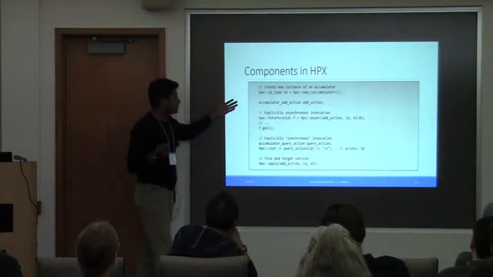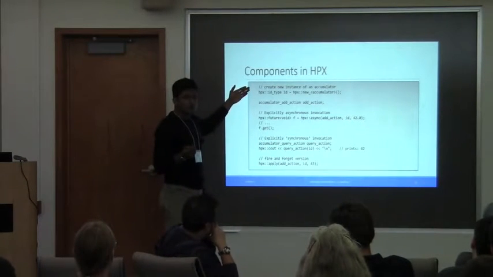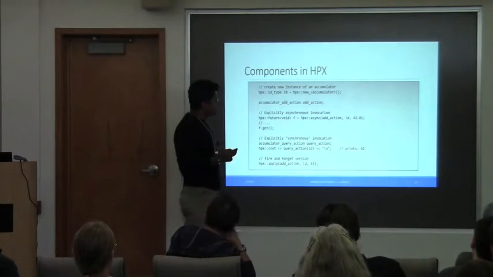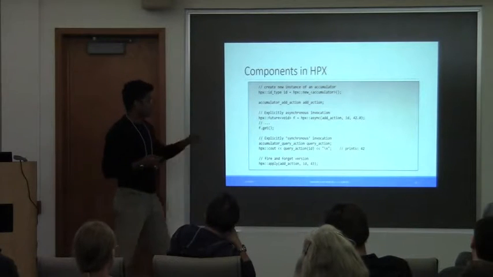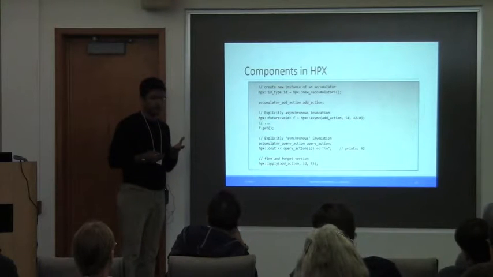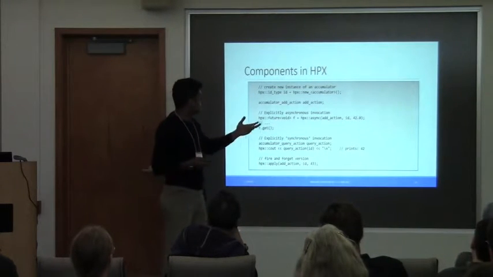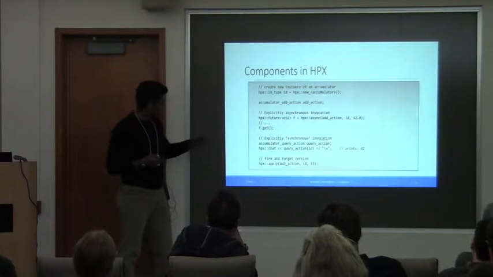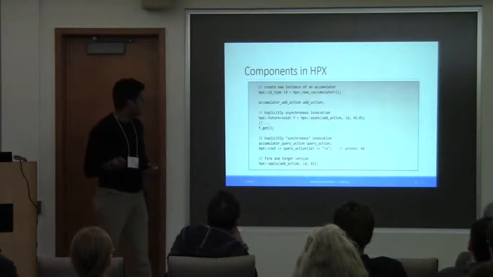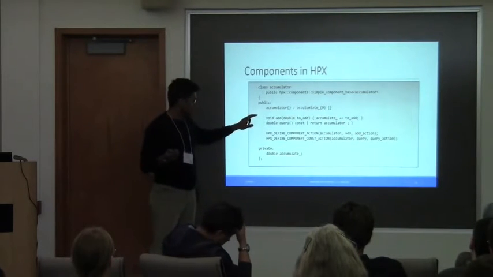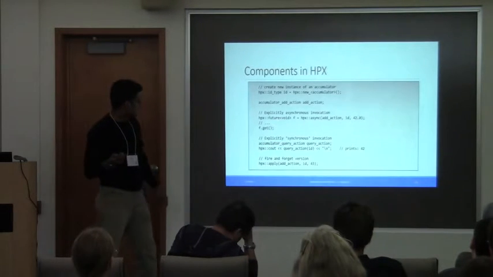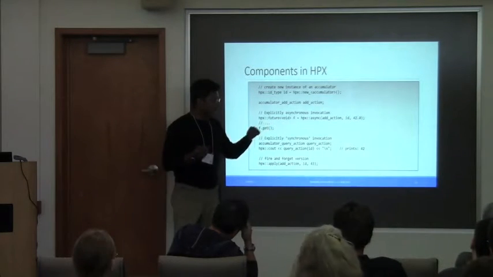So how do I use the components? Invoking HPX new with the component type accumulator will give me a global name pointer called ID, and this will declare the member action of the member function defined within the component, and I would invoke it asynchronously.